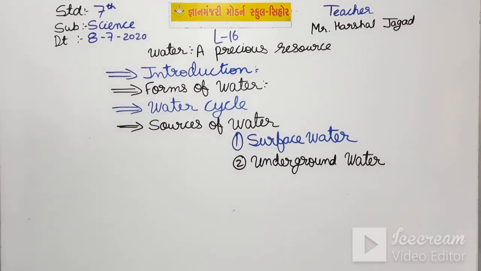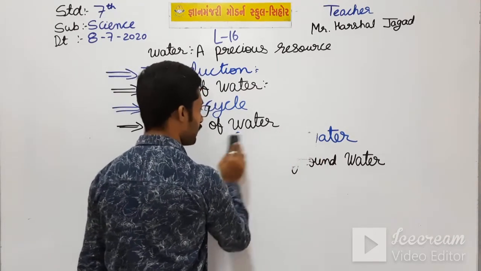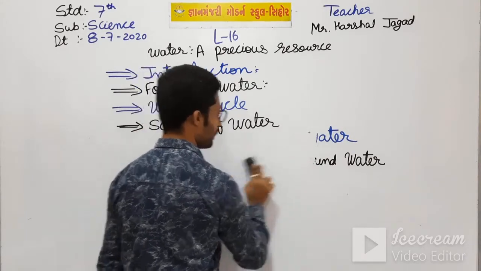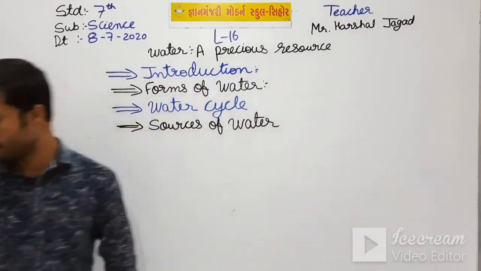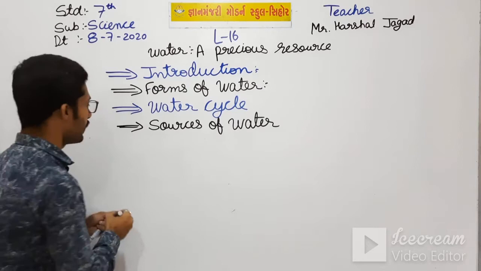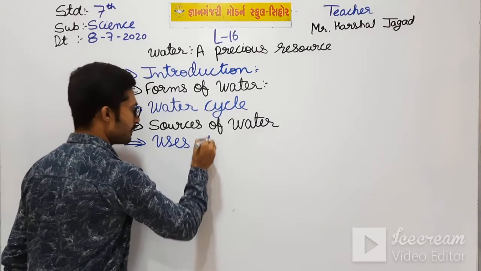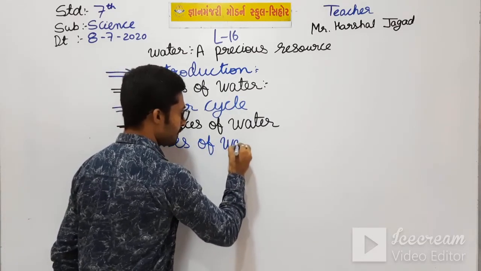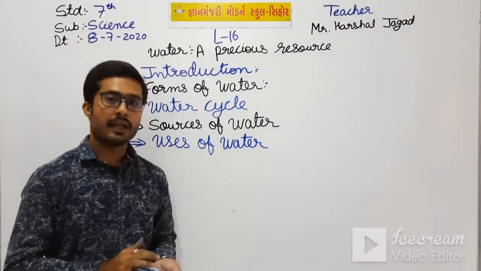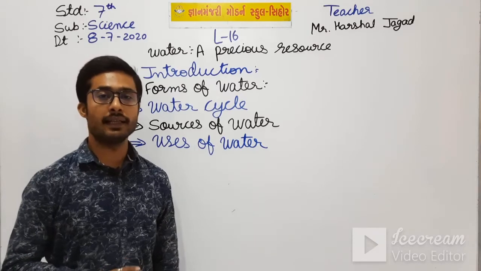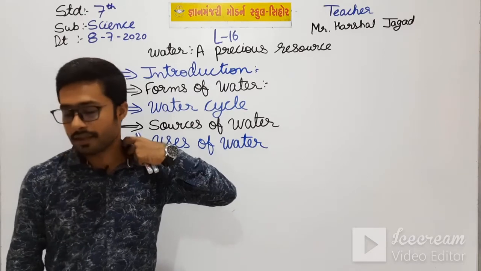So next it was uses of water. So we all know that in your textbook the uses of water is divided into 3 points.